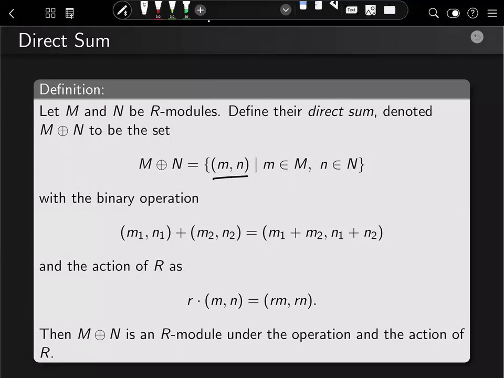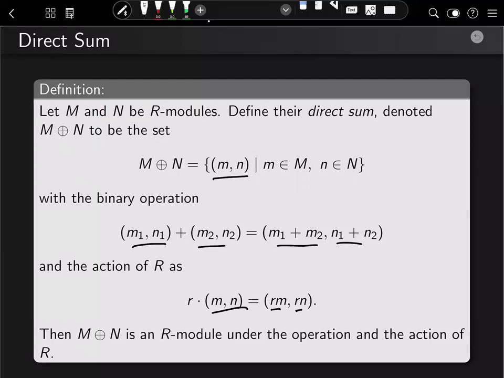And we define operations on these sets. We add element-wise, or component-wise, and then we define an action of the ring R on our ordered pairs to just be the action of the element r on the individual components, taking place in the individual R module structure.